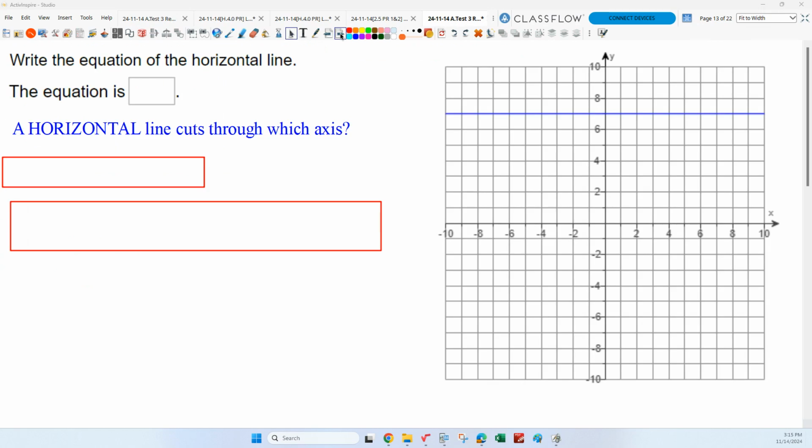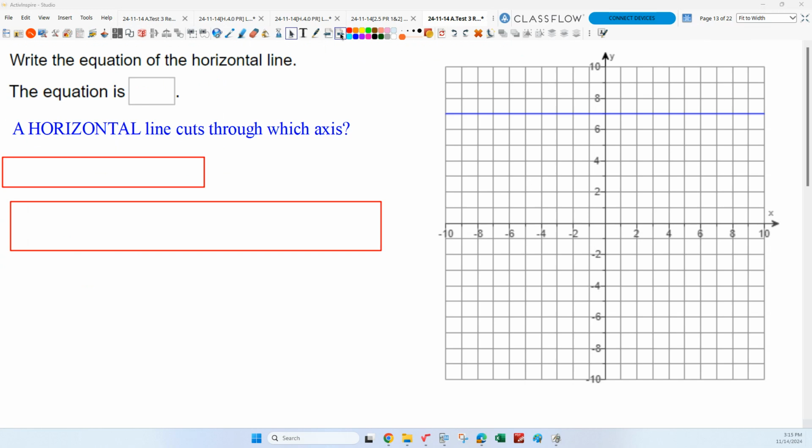Okay, let's practice writing equations of horizontal and vertical lines. They're the easiest kinds of lines, but they're the ones that people mix up the most commonly, I think. If it's a horizontal or a vertical line, those are the ones that are just either x or y equals a number. They're the easiest kinds of equations, but which one goes with which? To find out, just ask yourself the question, which axis does it intersect? A horizontal line cuts through which axis? The y-axis.